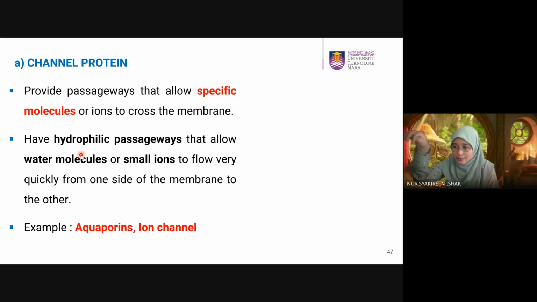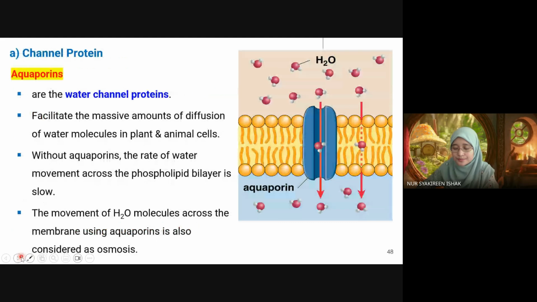It can pass through the phospholipid bilayer but at a very slow rate. To increase the movement of water molecules across the plasma membrane, water moves across the membrane using aquaporin. This increases the rate of diffusion of water. So examples of channel proteins are aquaporins and also ion channels.